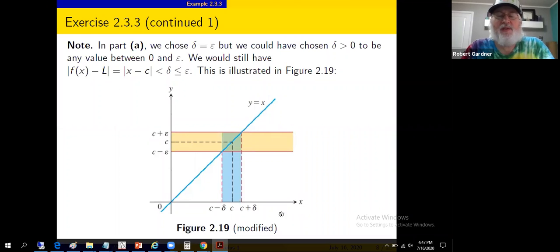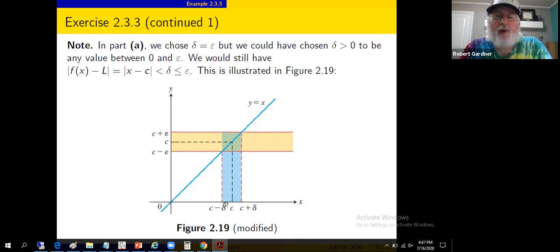So now the reason this worked was we took an epsilon. We had an alleged limit value, L equals c. C plays two roles in this one, so don't be bothered by that. It's because it's the identity function. But we had an L value here. We went from this alleged L value up an amount epsilon and down an amount epsilon.